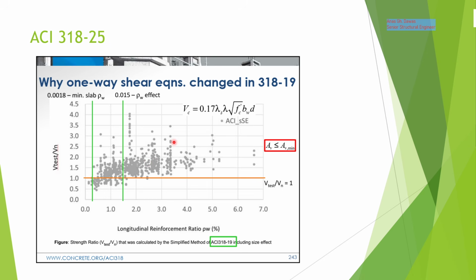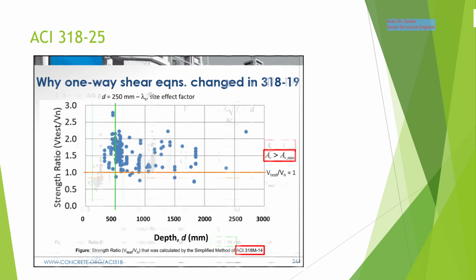That's why they didn't notice the effect of the main flexural reinforcement on the calculated shear capacity. But from here, as you can see, if the steel ratio is less than a specific ratio, here we have many samples that failed and didn't satisfy the minimum strength.